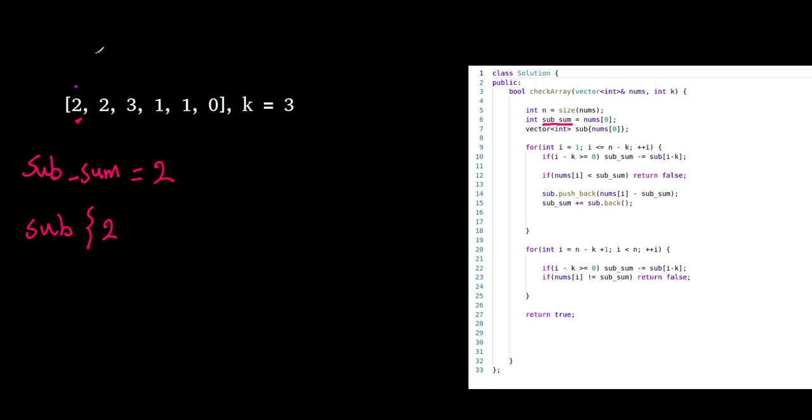Now let's try to solve for I equal 1 here. We check the window I minus k. I equal 1, 1 minus 3 is minus 2. Is it greater than 0? No. So no need to subtract anything here from the subtracted sum.